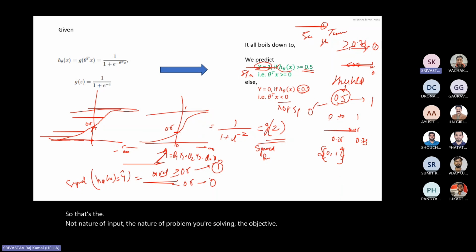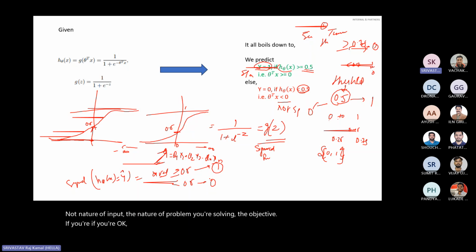Okay. So I gave a very critical example here. But if I'm a doctor whose mindset is something different, and I do not want to miss any patient, I want to capture all the patients who have a tumor, then I will keep the threshold on a lesser side, say 0.45.